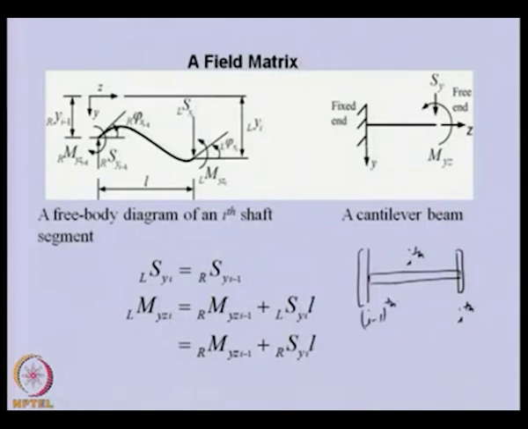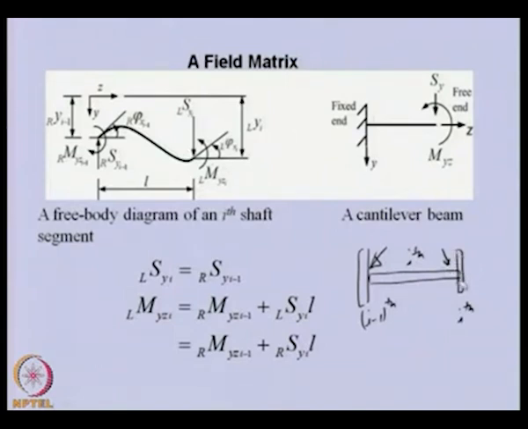So, we can see that this particular end of the shaft, which is here, is representing right of the I minus 1th disk, and this other side of the shaft which is here, is representing left of the ith disk.